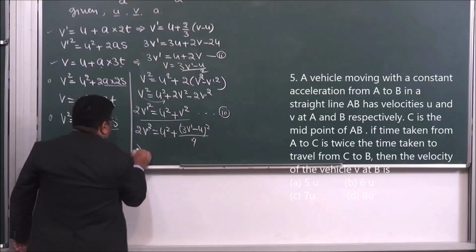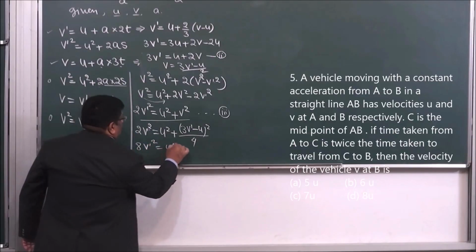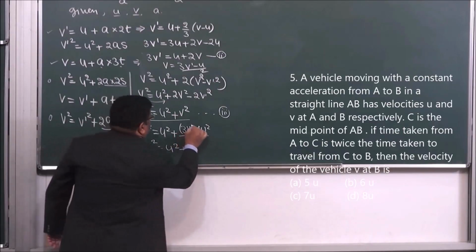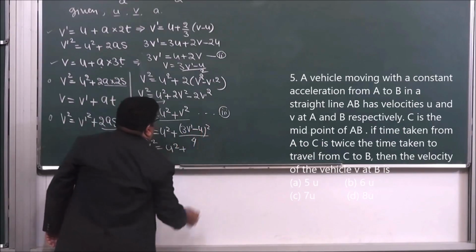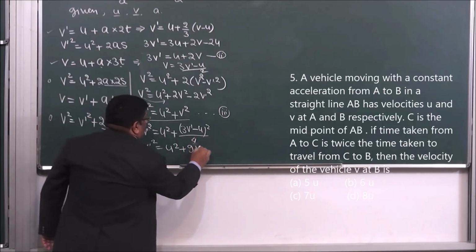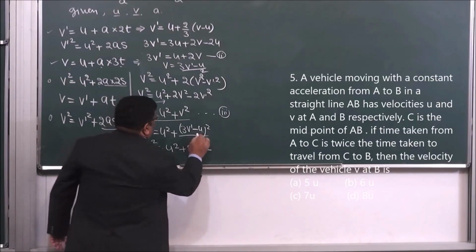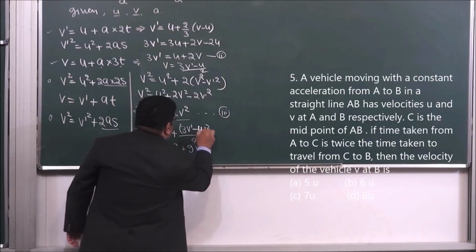So this will be 8v dash square is equal to u square plus 3v dash minus u whole square. This is equal to 9v dash square minus, this is 3v dash minus u.